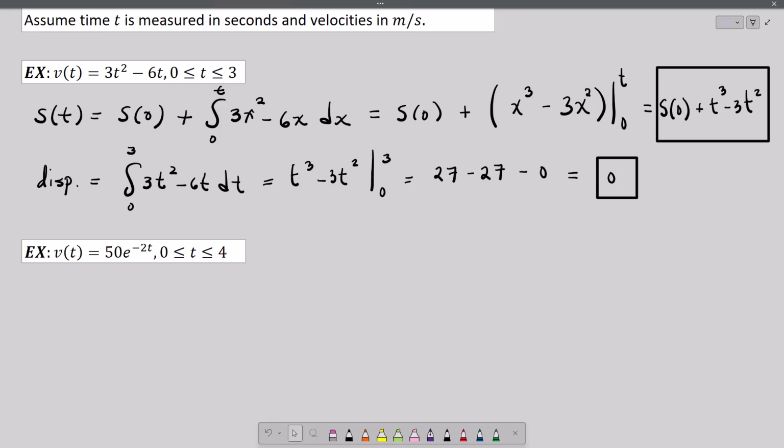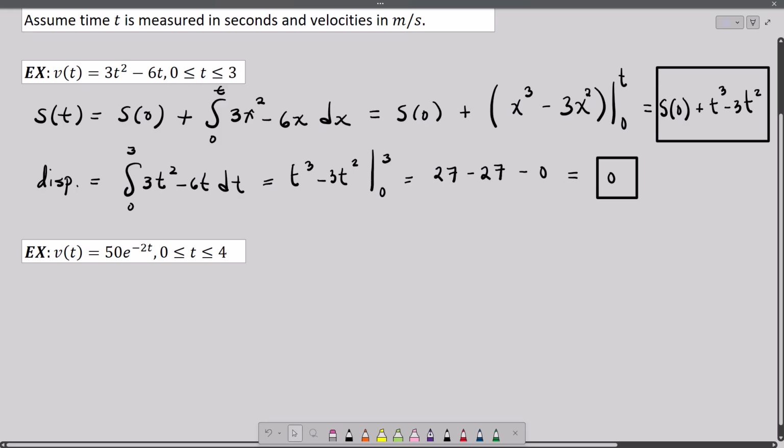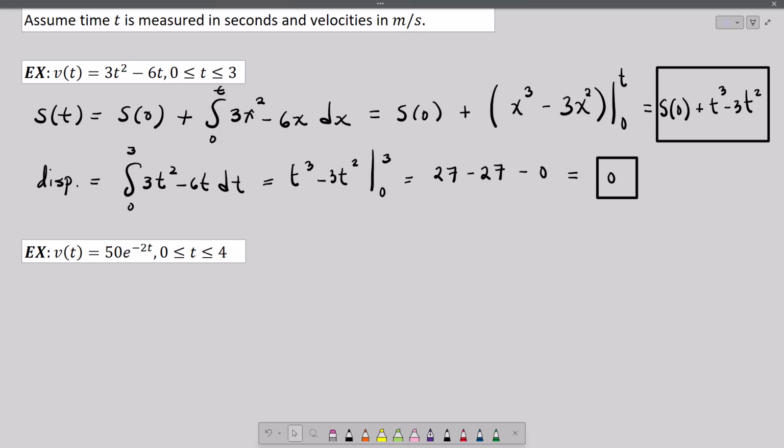So do you see, if we have an exponential decay, that the distance traveled and the displacement would have to be the same? So what we've noticed so far is if we have our t-axis, in order to have movement to the left, the velocity curve would have to dip below the t-axis, right?